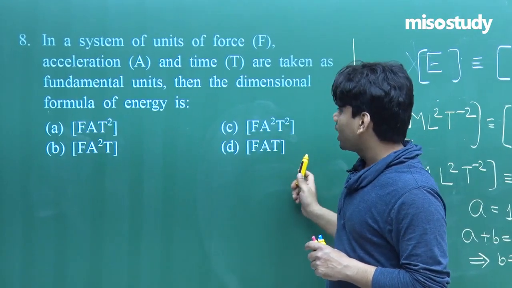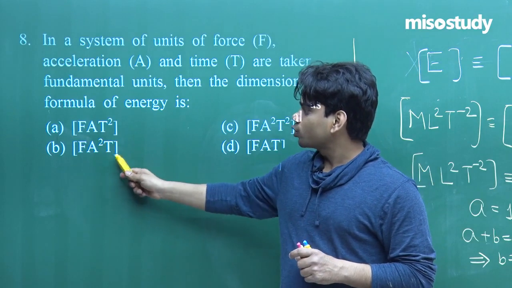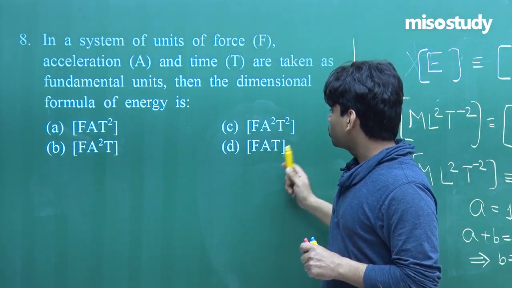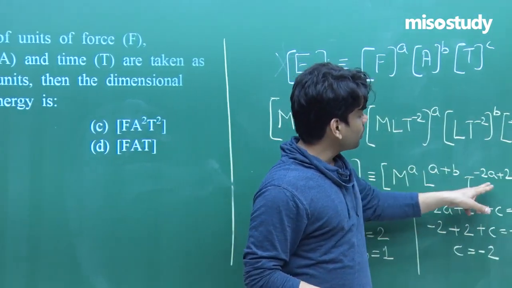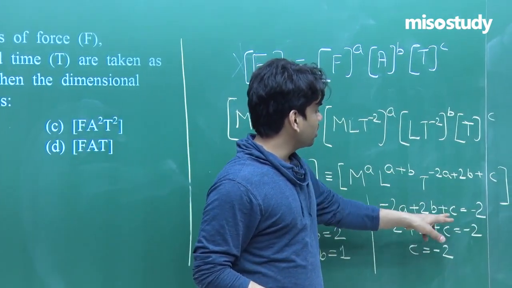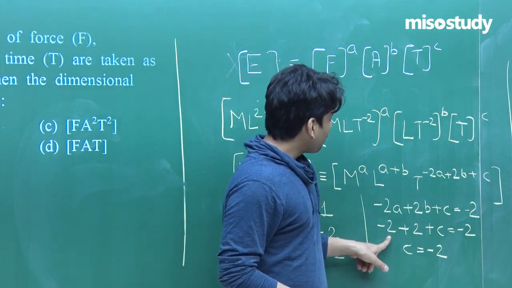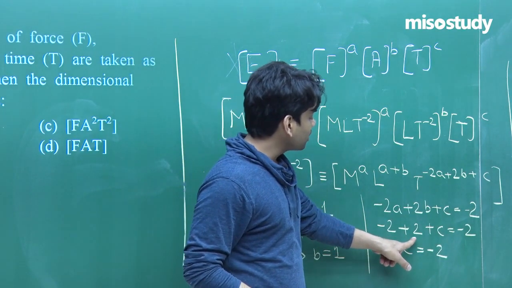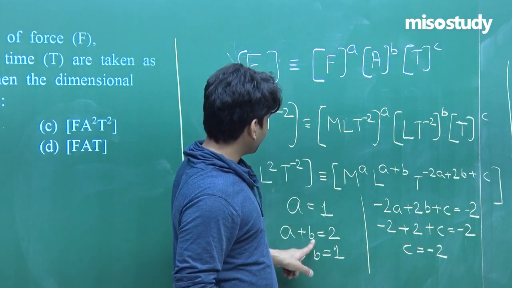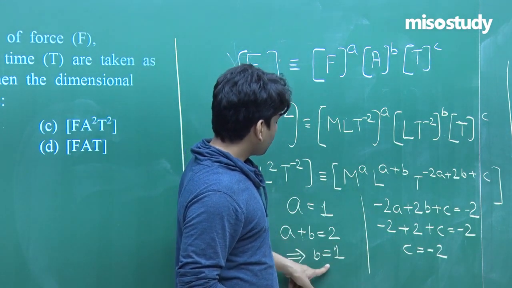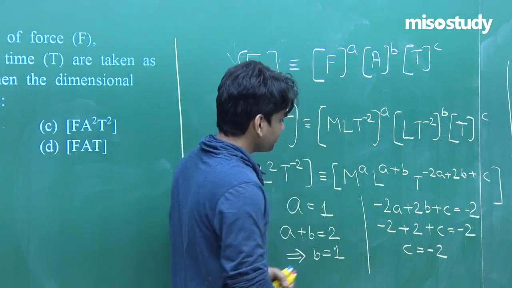Okay, and here we have, you see here we have one addition F a t power 2 and F a square t, F a square t power 2 and F a t. Let us check if we have missed something. Minus 2a minus 2b plus c equals to minus 2. Yeah, that's okay, that's minus 2 we have written. Now for minus 2a minus 2b, we have taken b as equal to a, that's equal to 1. So now see one mistake that we have done.